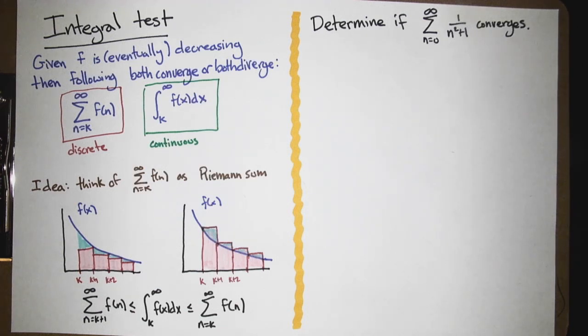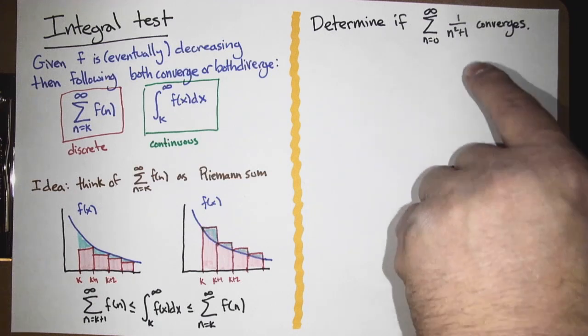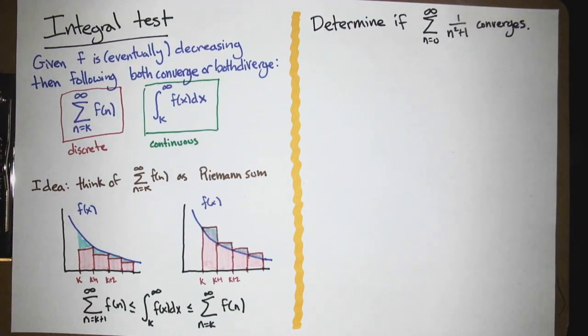So let's try this out. Does the sum of 1 over n squared plus 1 converge? Okay, so first off, can we use the integral test here? Yay or nay? Yes, we can.